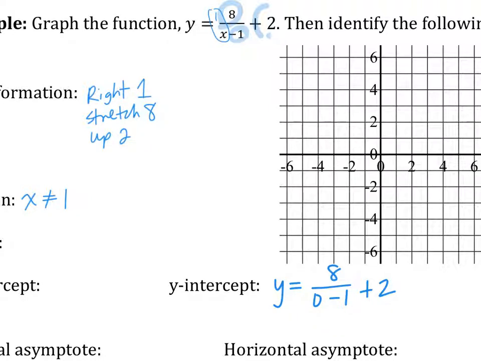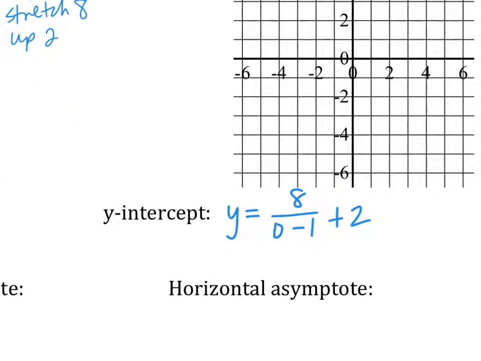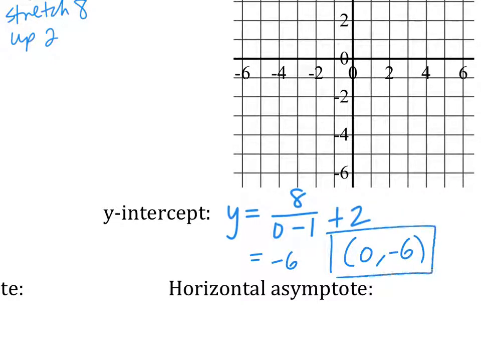Just solve that equation. Evan, do you have the y-intercept? -6. Okay, so (0, -6) is the y-intercept.